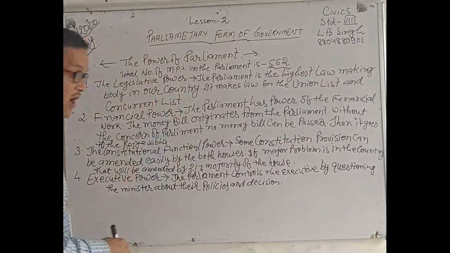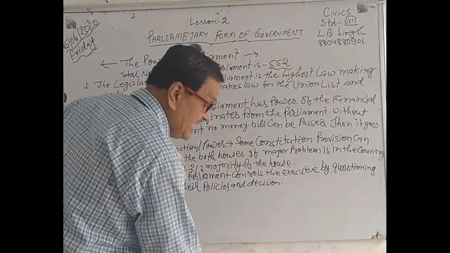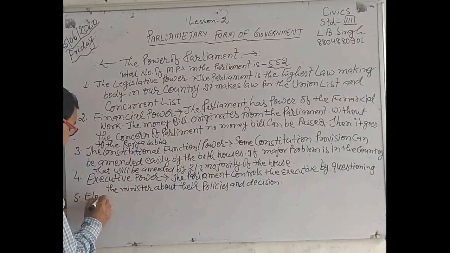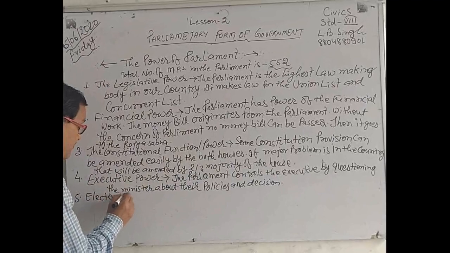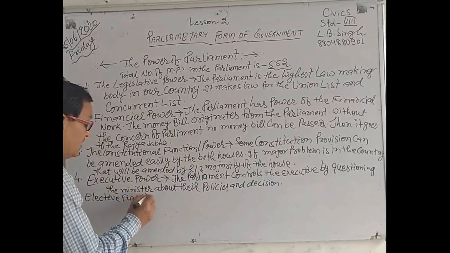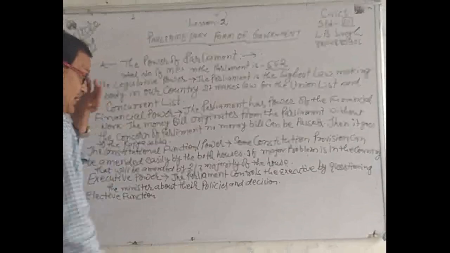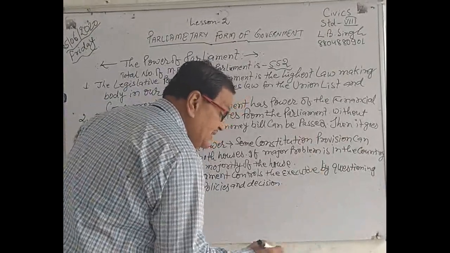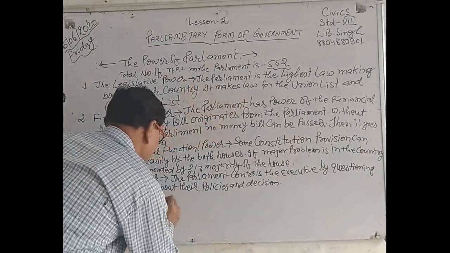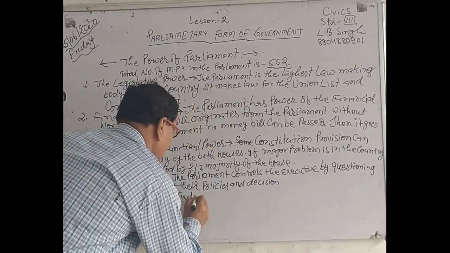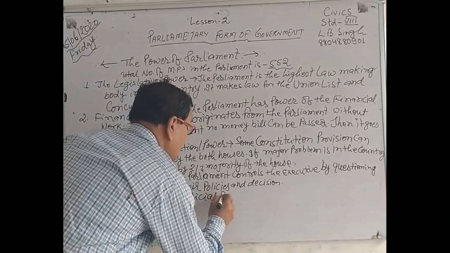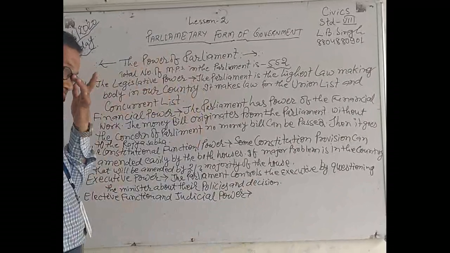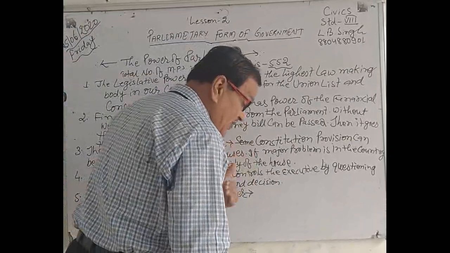Now, the last power of the parliament is the elective function and judicial power. Elective means election. Do you know this thing? There is always election in our country.